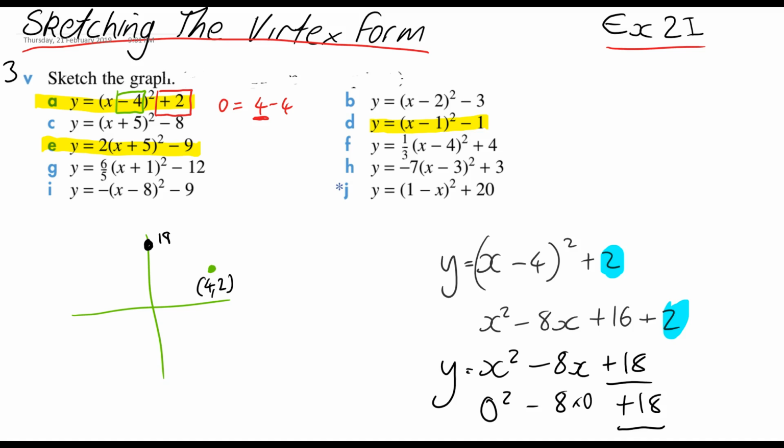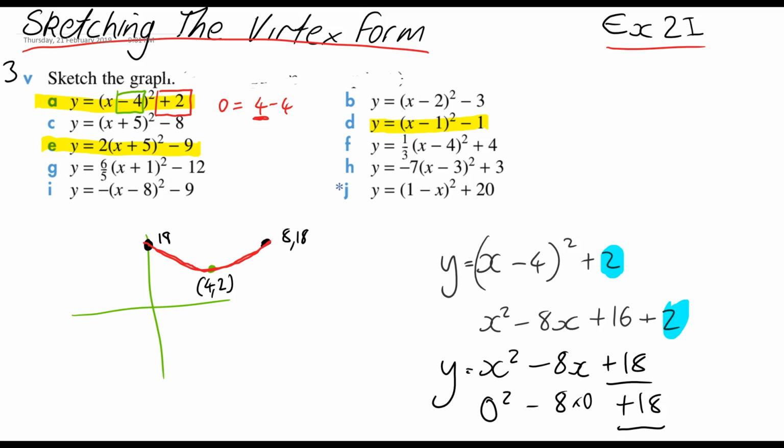Okay, and we also know that the point 8, 18 is also a point, because 8, 18 is the mirror image of that. Because this is already 4 across, so another 4 across is 8, and then 18 up has to be 18 up as well. So we just draw a line and we're done.